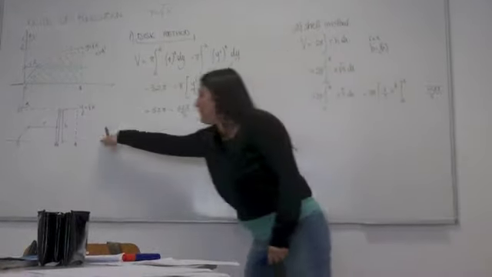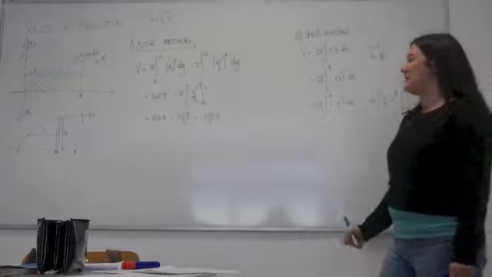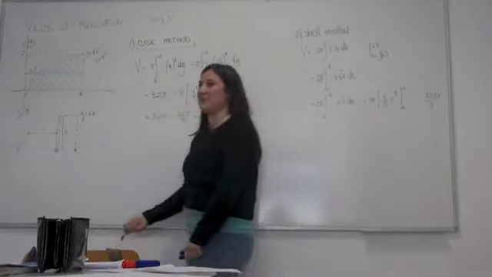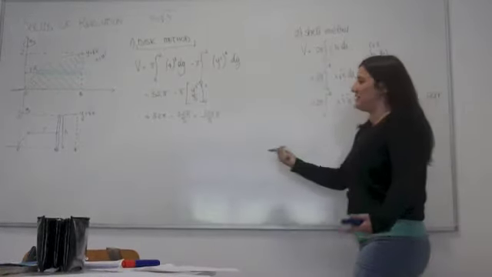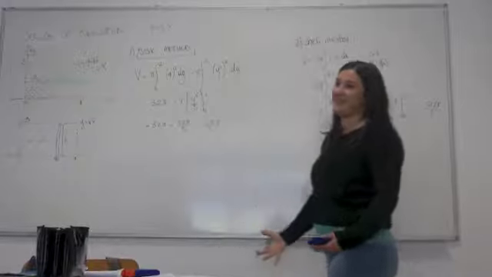No, never mind, the shell method. It's confusing in the other case, because you're rotating this way, but everything is in terms of x. So this is really the only case where it's easier.